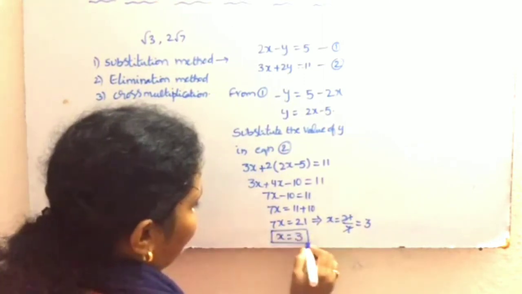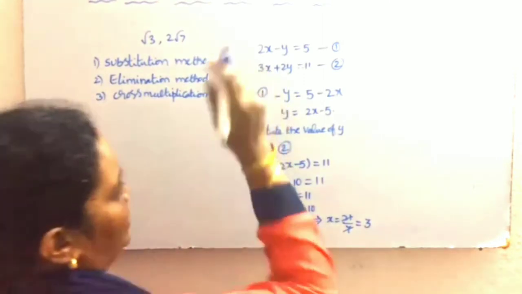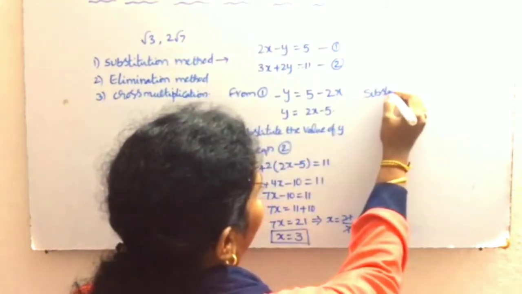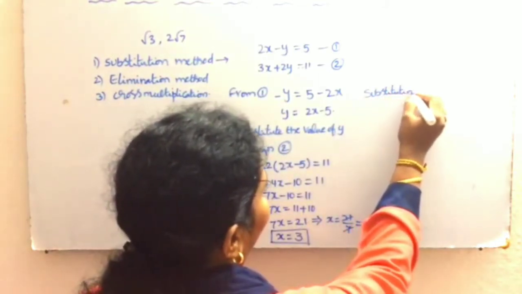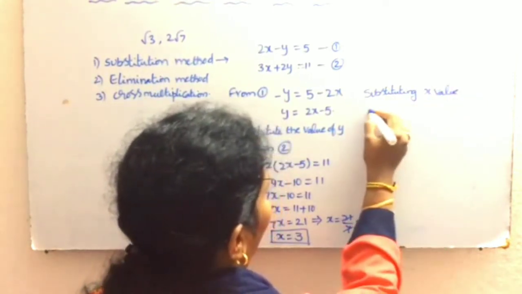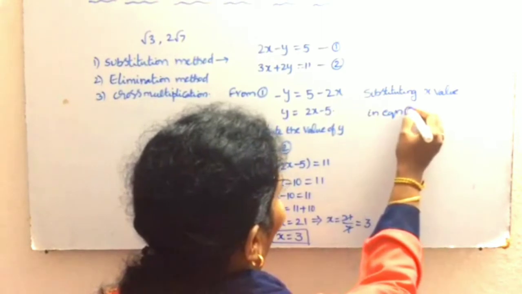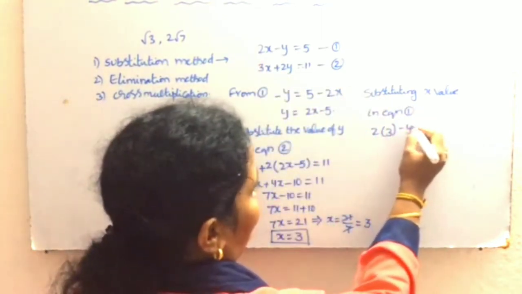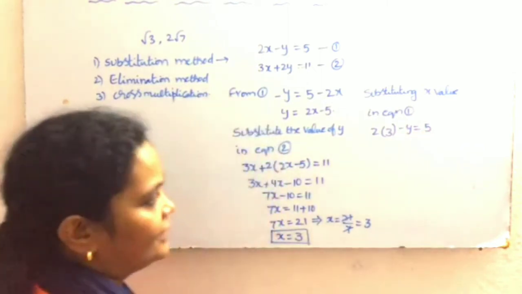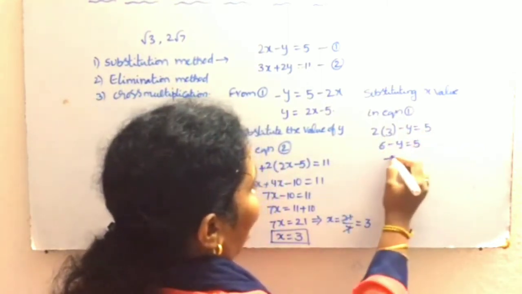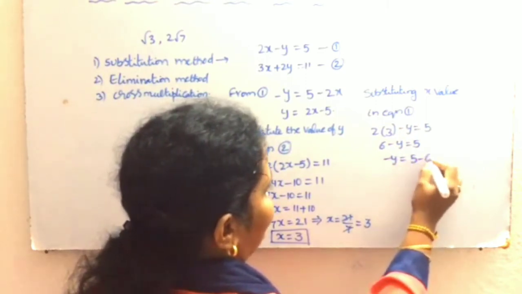Now substituting this x value in equation 1. Then we will get 2 into 3 minus y equal to 5. That means 6 minus y equal to 5. Minus y equal to 5 minus 6.